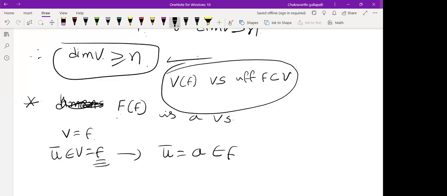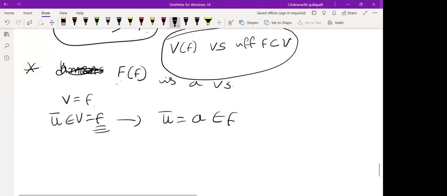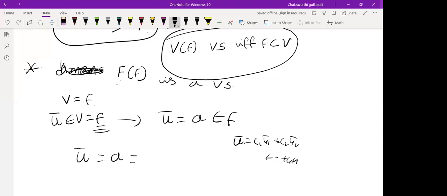How to get a spanning set? Every vector we should be able to express in the form u bar equal to c1 u1 bar plus c2 u2 bar and so on, plus cn un bar, where S equals u1 bar, u2 bar, ..., un bar. If you are able to write so, this is what is called a generator. If the generator is independent, then it will become a basis.